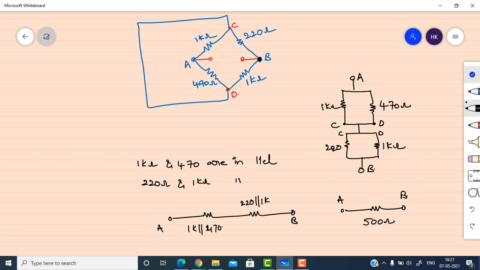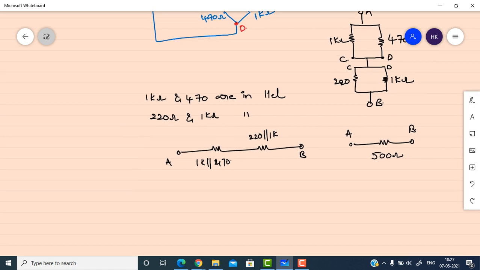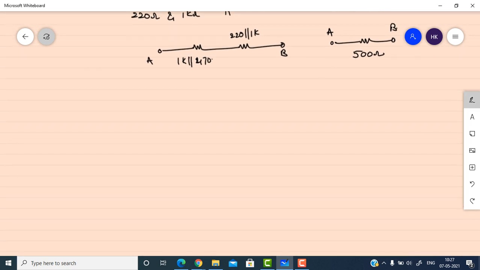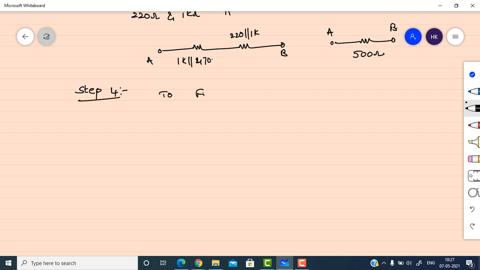Now you can get the load current value, the final step. So IL is equal to VThevenin, how much we got? 4.89, I think. No need to take the minus sign.